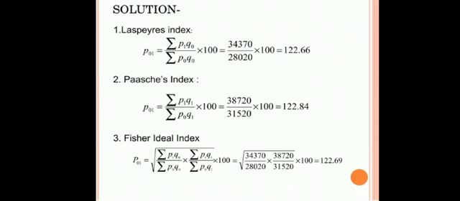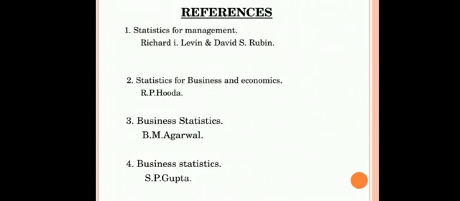You have to multiply these values and apply the formula. The Laspeyres value is 122.66, Paasche's method value is 122.84, and the Fisher ideal method is 122.6.